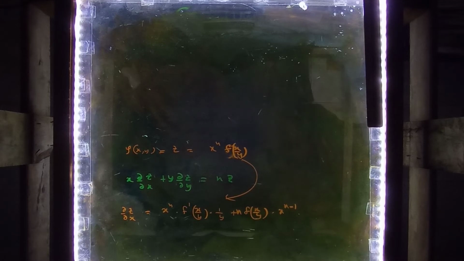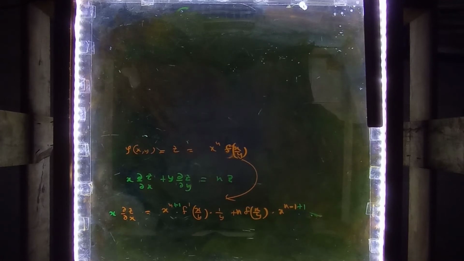With basic knowledge you may be able to understand it. For the purpose of creating my left hand side, I'm going to multiply both sides by x.